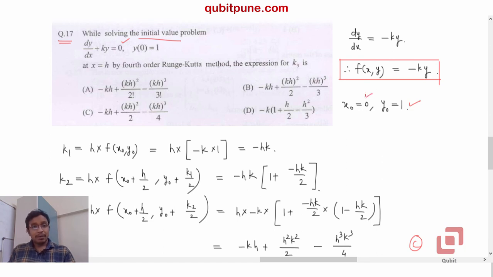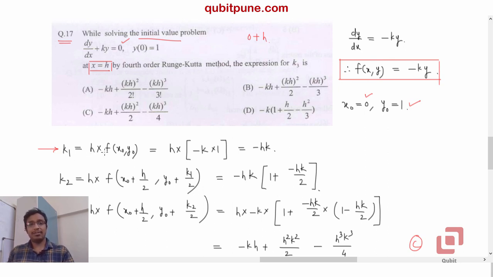Formula number 1, the formula for k1. K1 is given by h into f of x naught, y naught. Now see, they have not specified what h is, so we have to keep it as it is. At x equal to h, x1 is x naught plus h, but x naught is 0, so x1 is h.